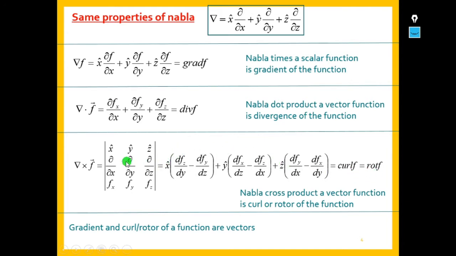That means we have to take the determinant of these terms. So we get curl f, or rotation of f, or we can say rotor of the function. So nabla cross a vector function is the curl or rotor of the function. That means gradient is a vector function, curl is also a vector function, whereas divergence is a scalar function.